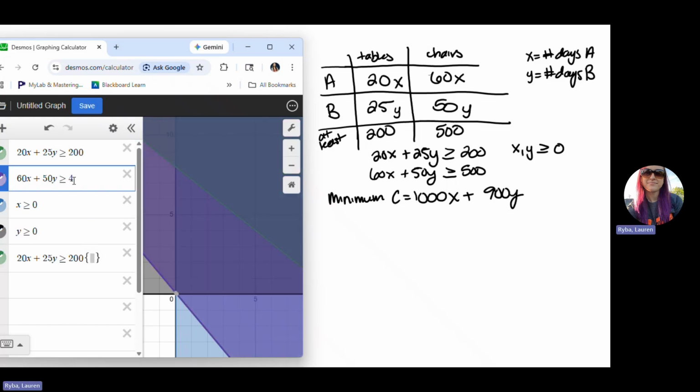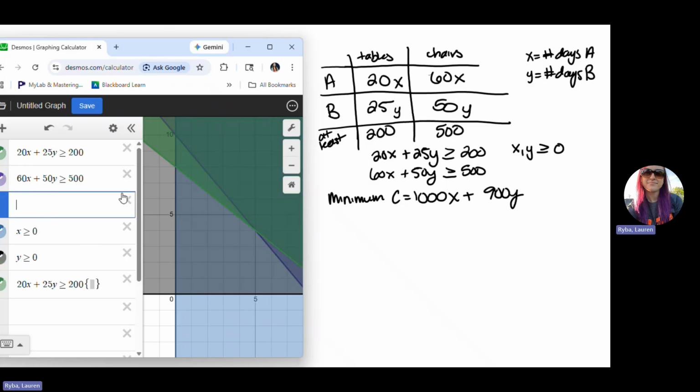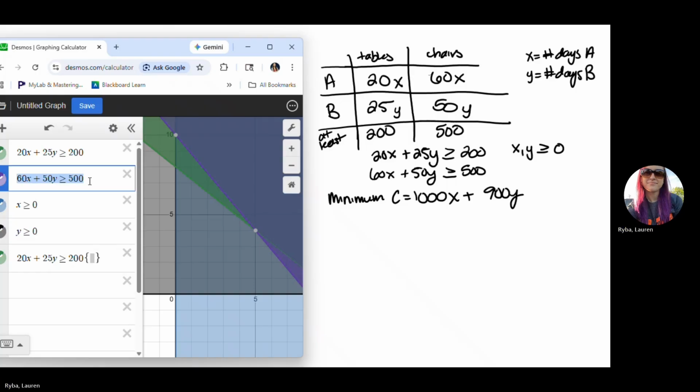That should be 500. There we go. Okay, copy this one, Control C, Control V. X greater or equal 0, Y greater or equal 0. Okay, so I can go back and make that an equals.